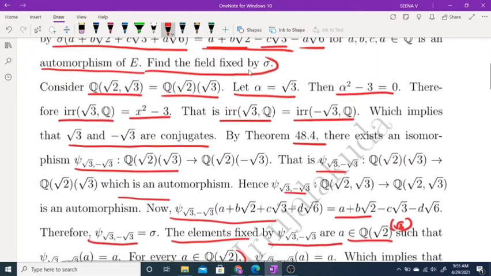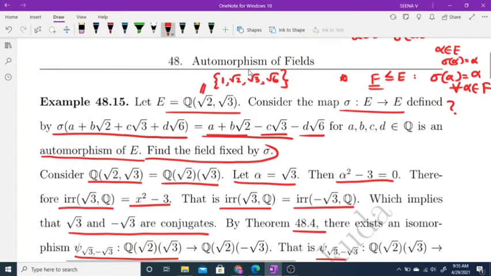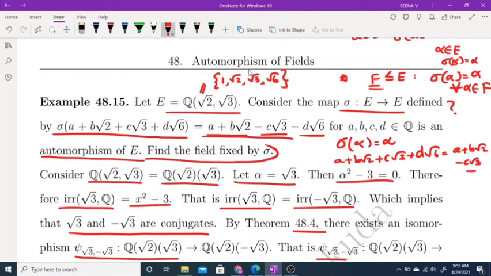You can also write it like this: sigma of alpha equal to alpha implies a plus b root 2 plus c root 3 plus d root 6 is equal to a plus b root 2 minus c root 3 minus d root 6.